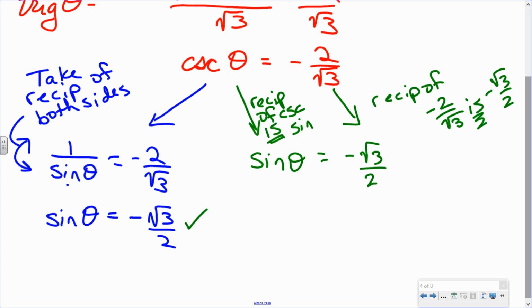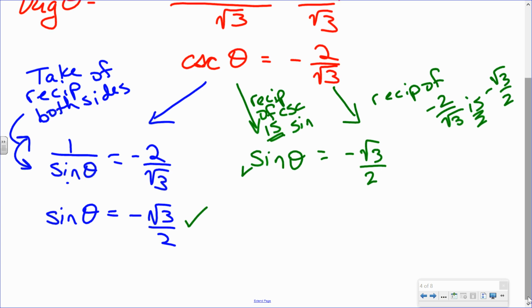Either way, here's my equation that I'm now solving. Everybody with me to there? Biggest mistake students will make is they will do 1 over the sine is negative root 3 over 2. So you've got to be careful about that.